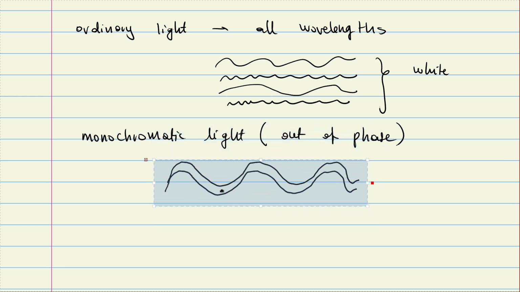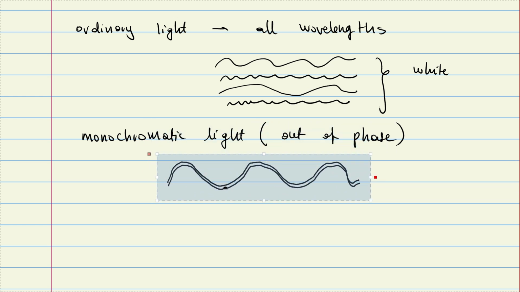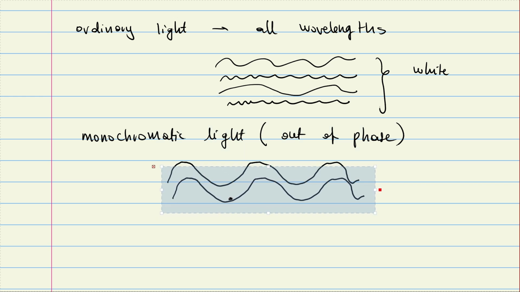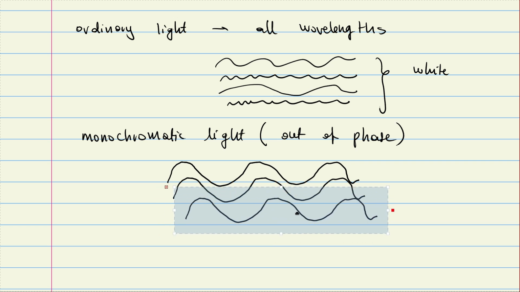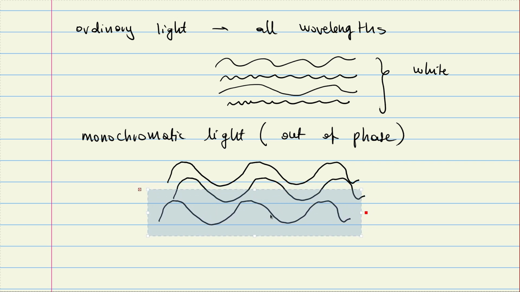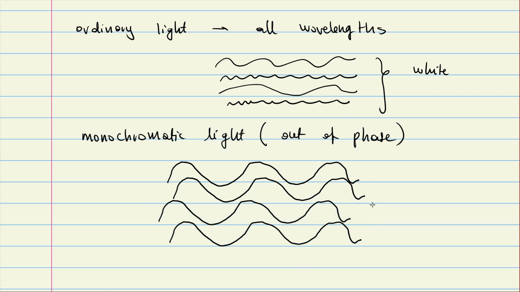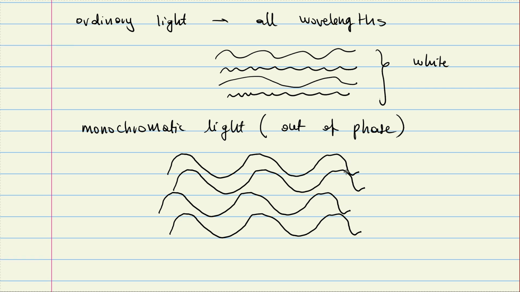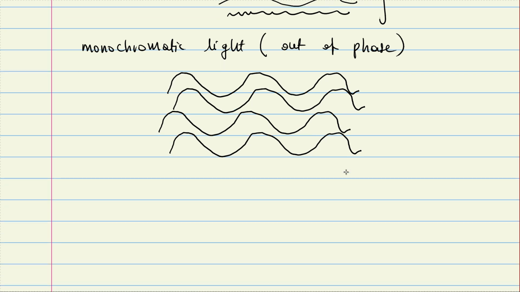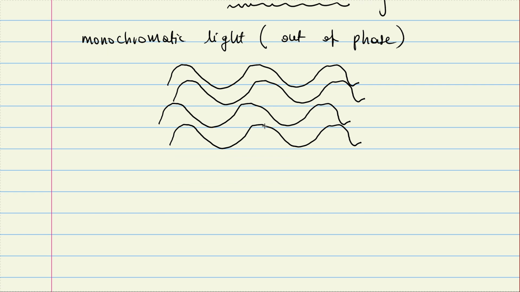If it was like this, they would be in phase. But if it's just a little bit off the phase, something like that, there'll be another photon, maybe something like that. So this is a single color, monochromatic light, but they are not in phase, right? They are out of phase.